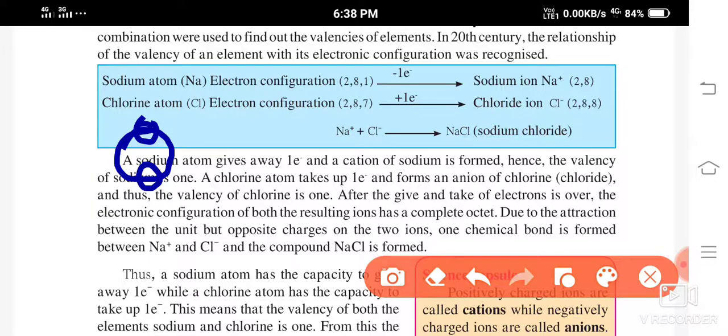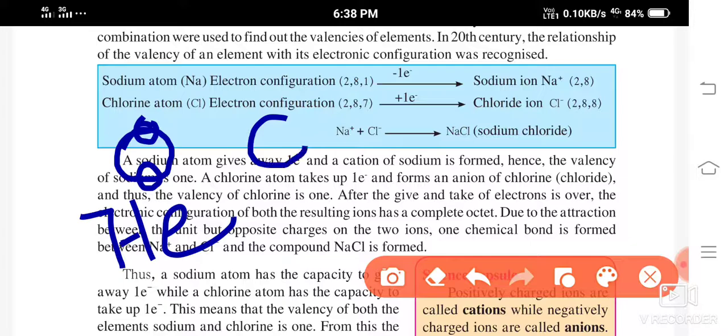Only then is this atom going to be stable. This is helium. Here one shell is there, so it can occupy 2 electrons, that is the duplet state.